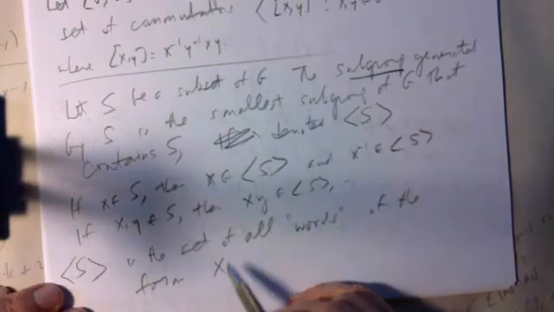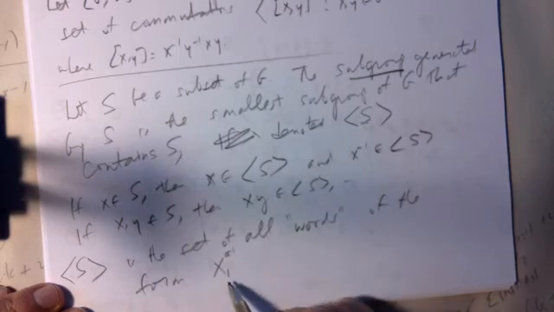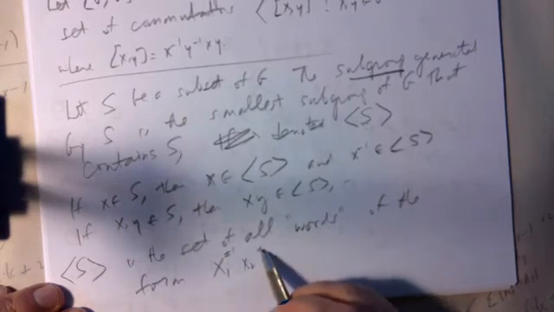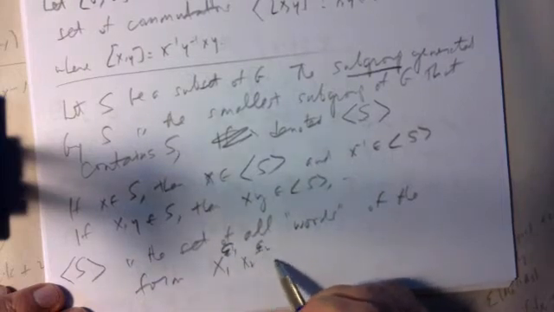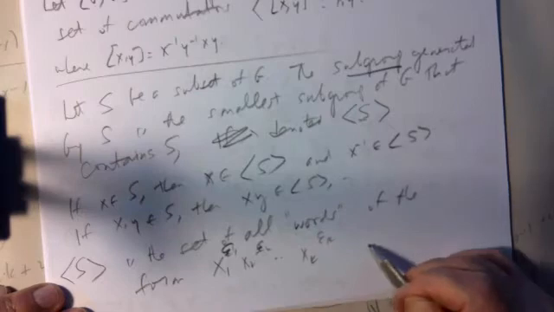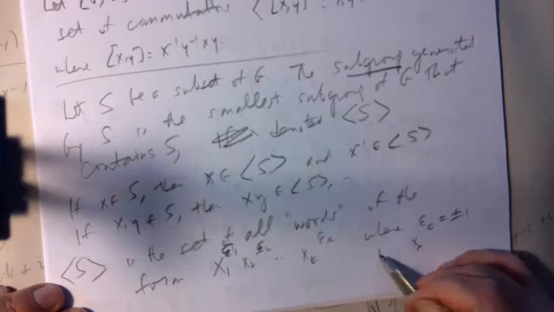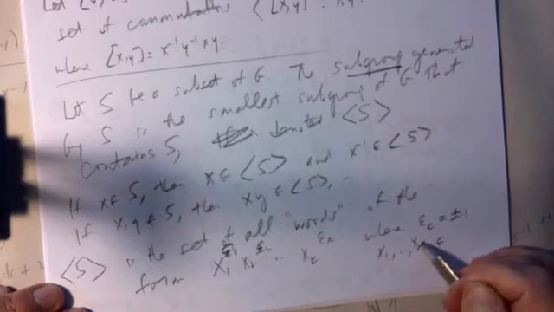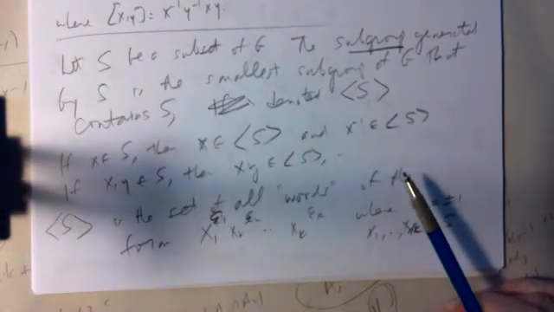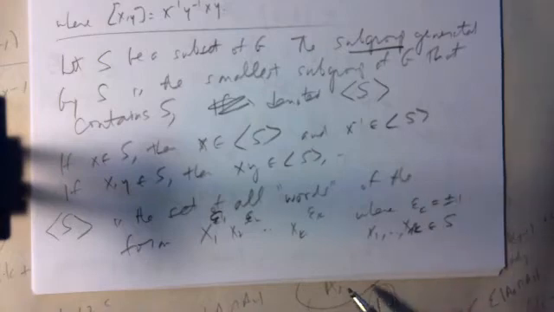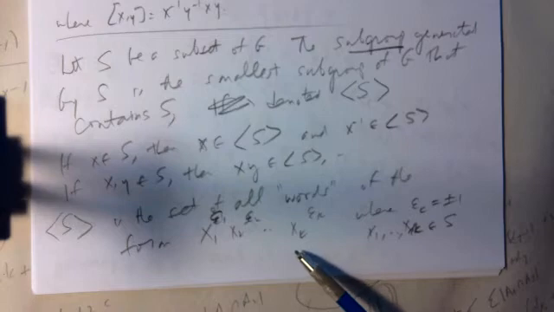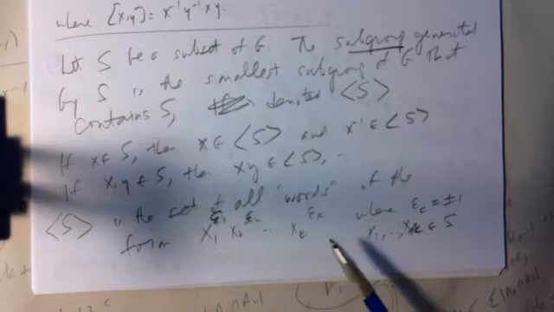And in fact, this subgroup generated by S is the set of what you might call words of the form x1 to the epsilon 1, x2 to the epsilon 2, up to x sub k to the epsilon k, where each epsilon is plus or minus 1, and x1 up to x sub k are elements of S. So when you talk about the subgroup generated by a set, you mean the set of all group elements that can be written in this alphabet where the letters come from S, and you include the inverses of all the elements as well.